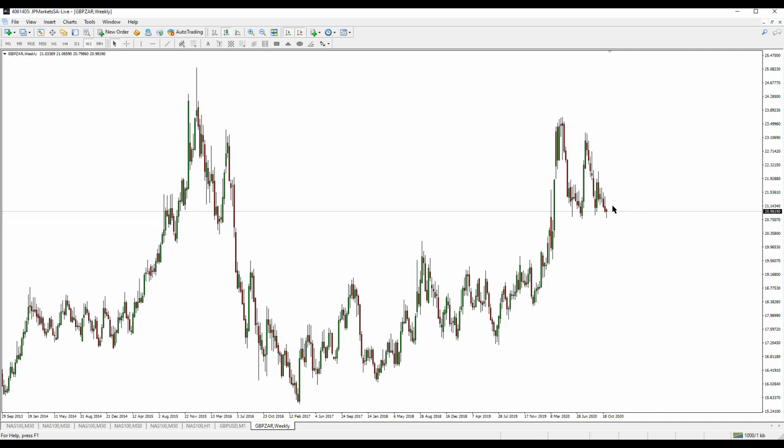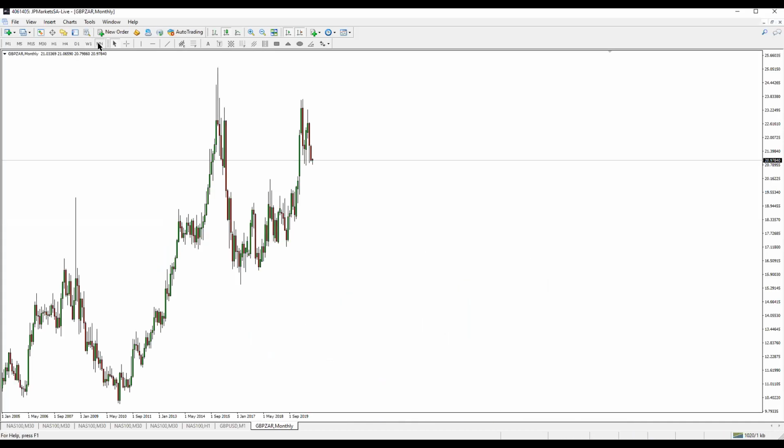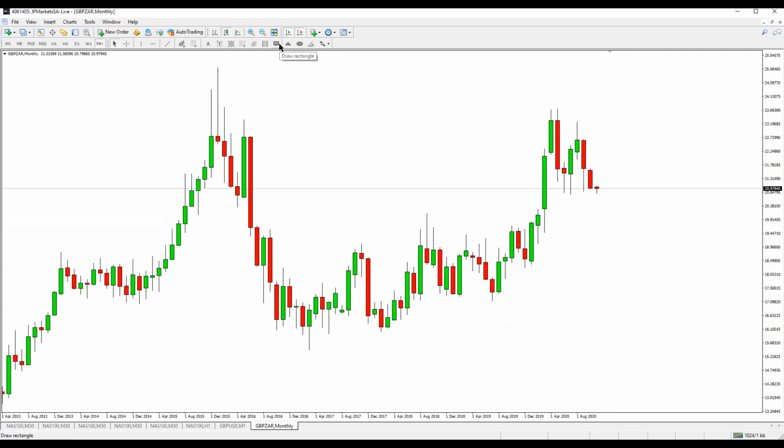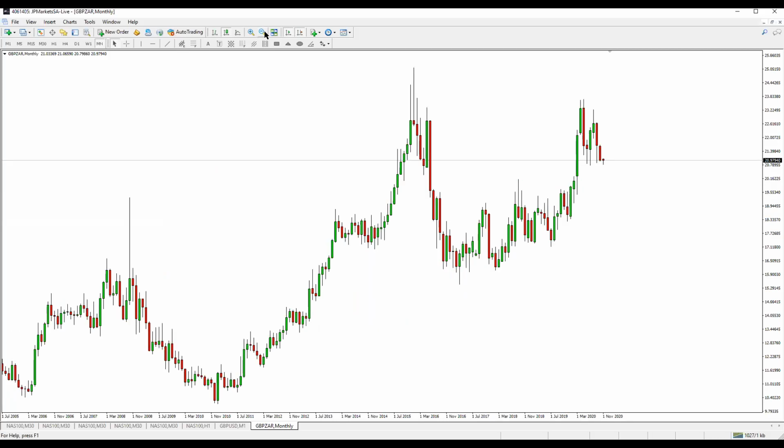You can't be on one broker and they say the pound to the rand is 20 rand 77 cents and the other one says it's 21 rand. It's the same everywhere. So charts have to be the same. They can change it by maybe 5 cents or 2 cents, but not for long, just to manipulate the market. Do you understand?